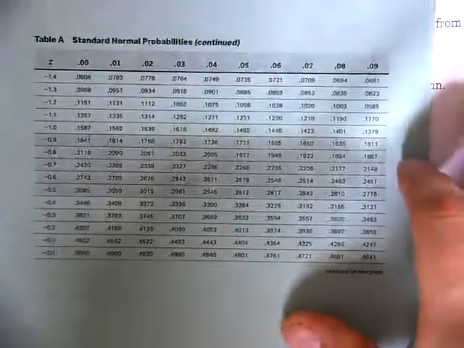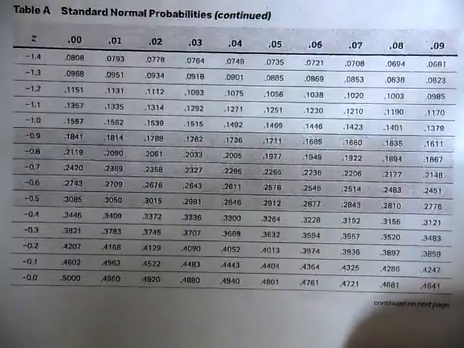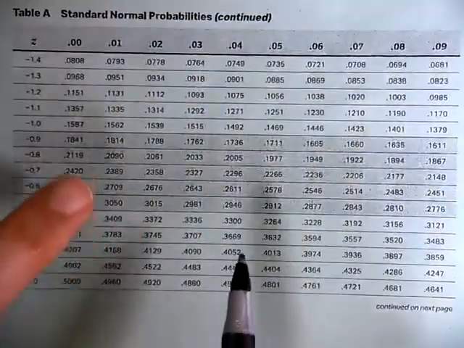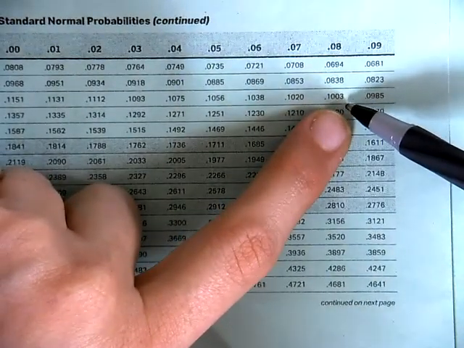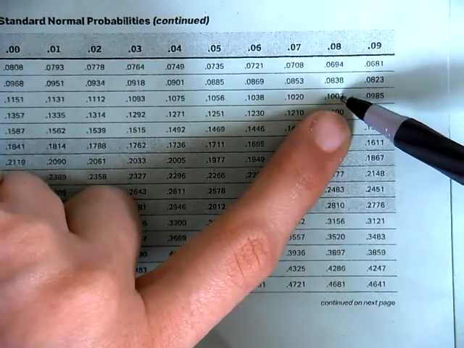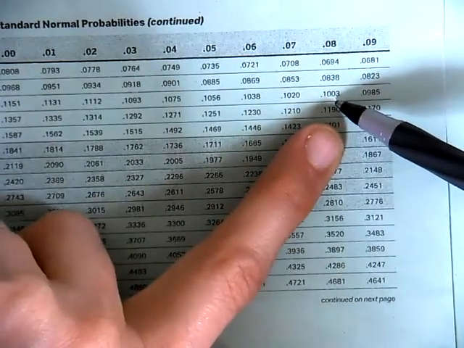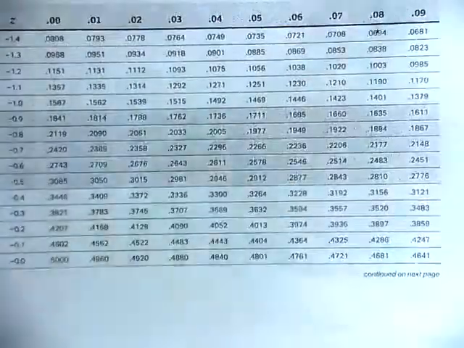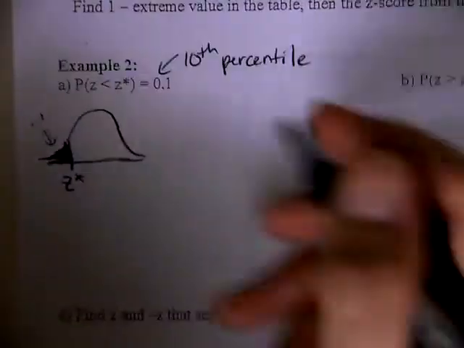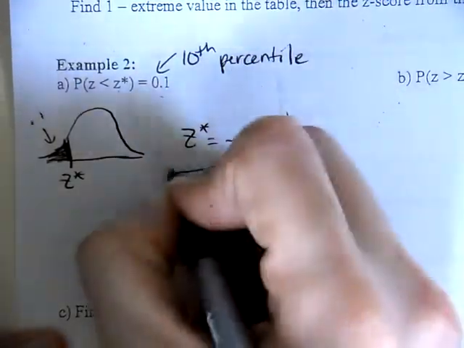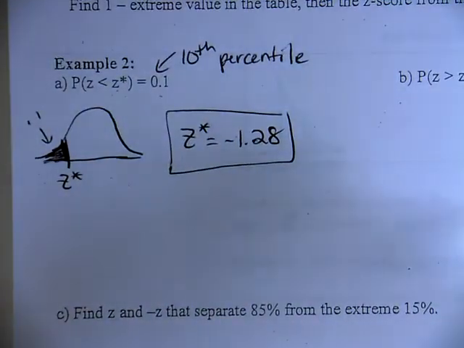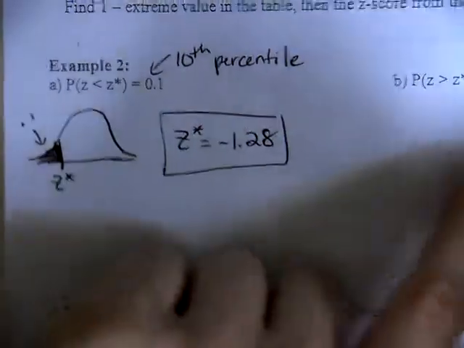I want to zoom in so you can see. 0.1003 is, I think, as close to 0.1 as I can get. So my z-score there would be negative 1.28. So my z-star is negative 1.28. You want to get as close as you can to that number and then look at the z-score.